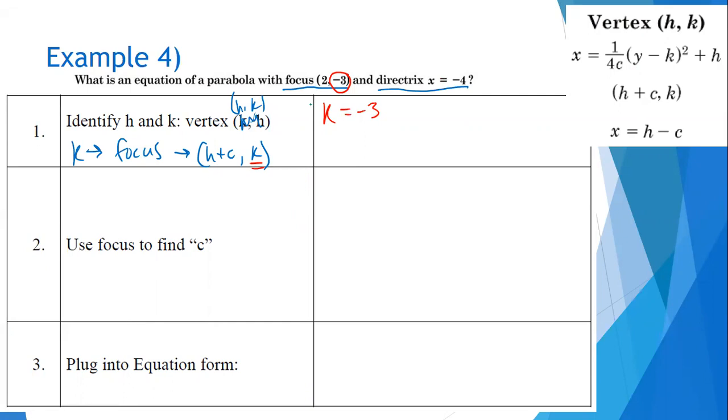The x value of a focus is h plus c, so h plus c equals the x value. What is the x value of my focus? 2.